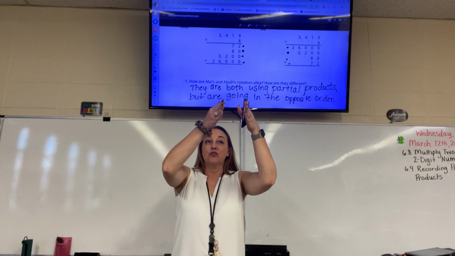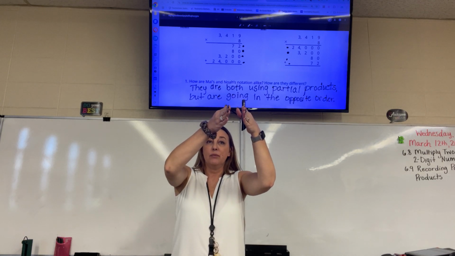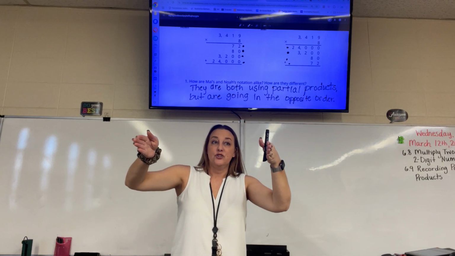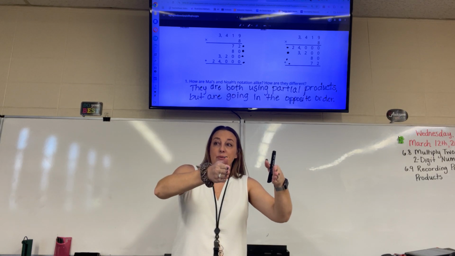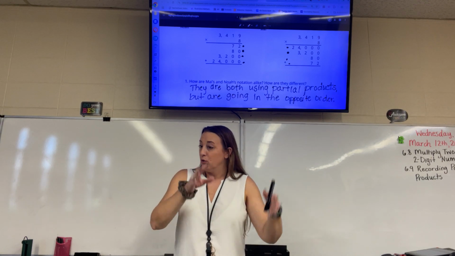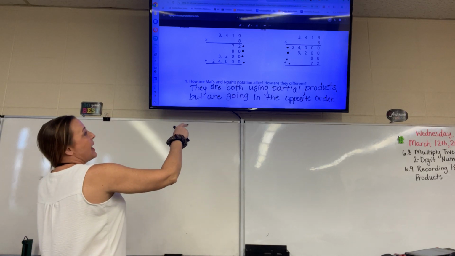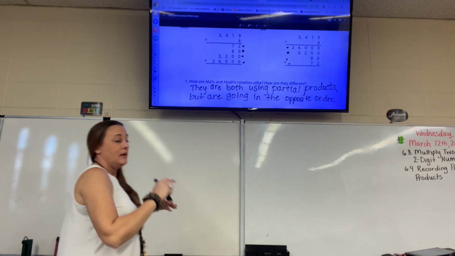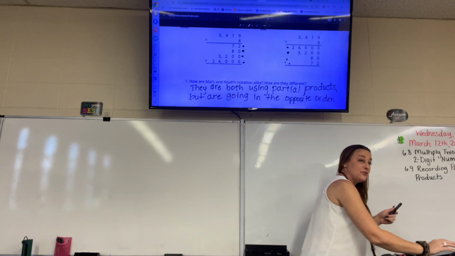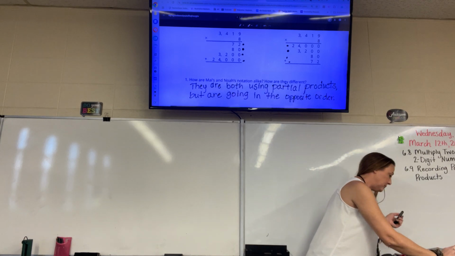I think it's harder to start with a 2-digit number, and then you might have a 4-digit number, and then a 3-digit number, like having a weird order. So, I prefer Mai's method, but we're gonna do it both ways so you can see which one you prefer.